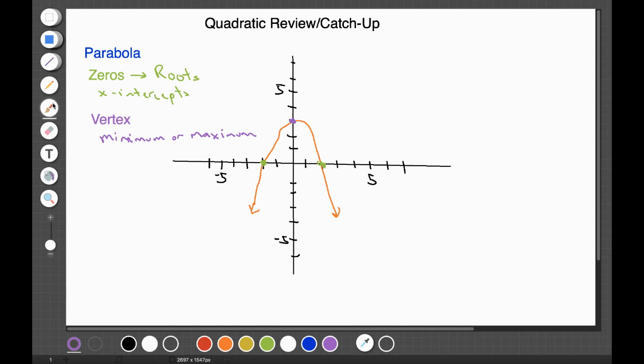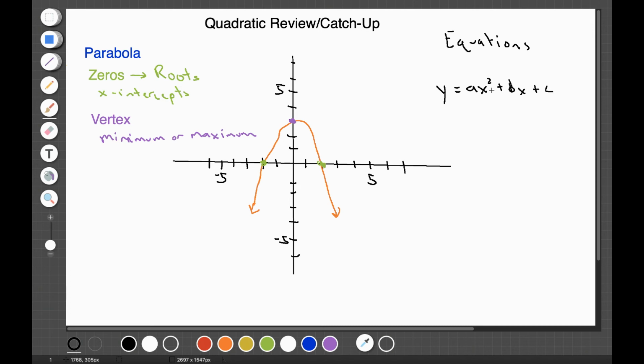The other thing we talked about was the equations. So if we go over to our equations, there's two different ones. There's the standard form and there's the factor form. And we're mainly going to be starting with the standard form. It looks something like this, where you have ax squared plus bx plus c.